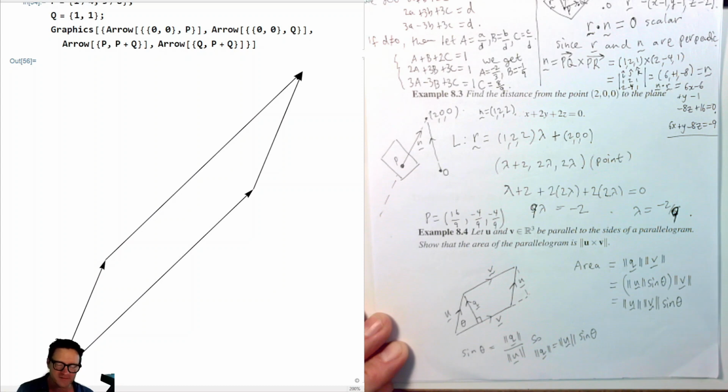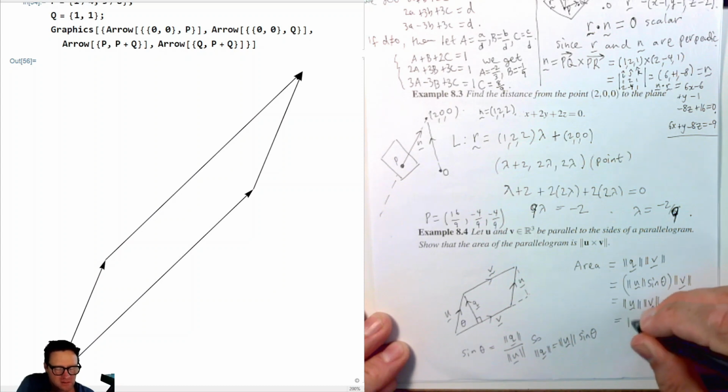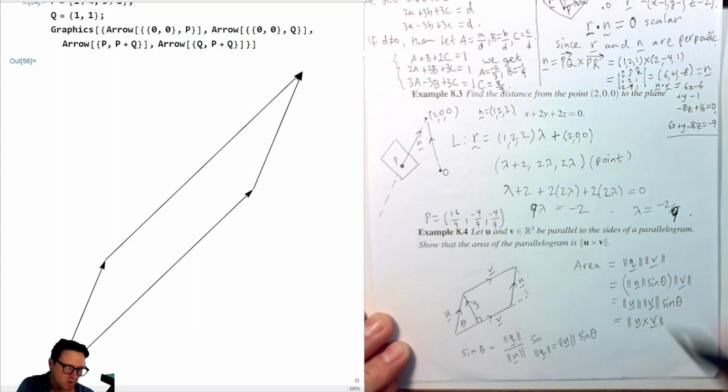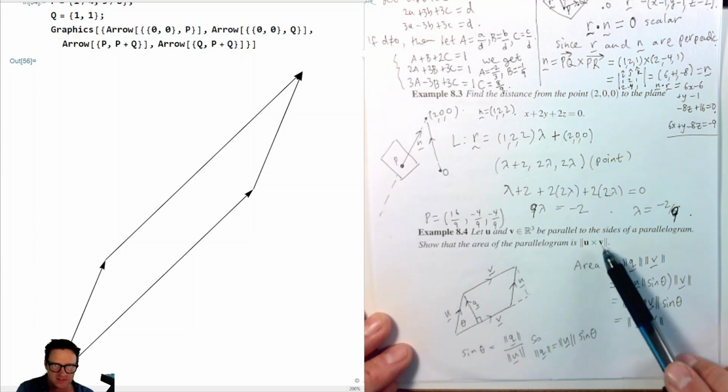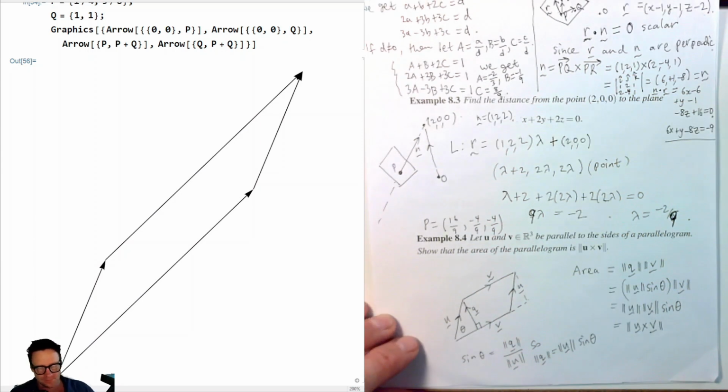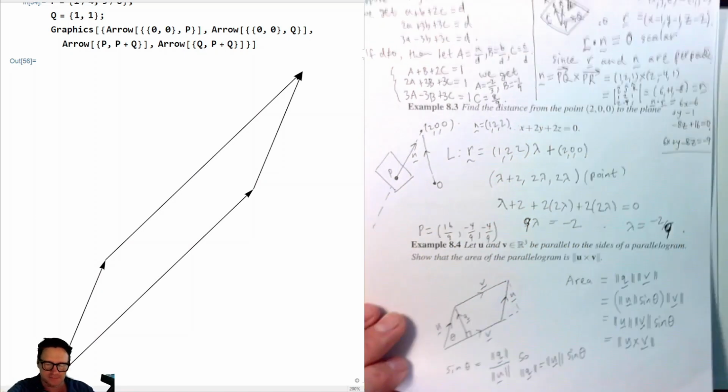This is the norm of the cross product of U and V. So what we've done then is shown that the area of the parallelogram is the norm of U cross V. All right, let's move on to the next page.